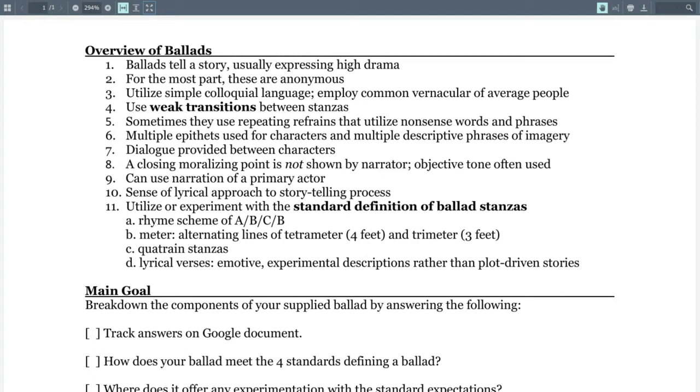And finally, repeating item 10 as the fourth important quality of definitions of ballad stanzas, they are lyrical verses. And when you say lyrical verse, it requires emotive, experiential descriptions rather than elaborate plot-driven stories. There will not be any background details.